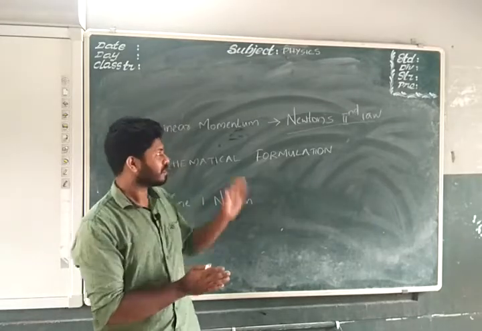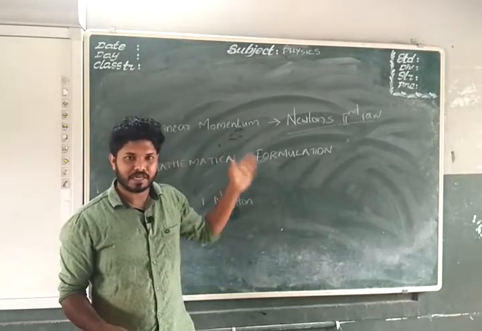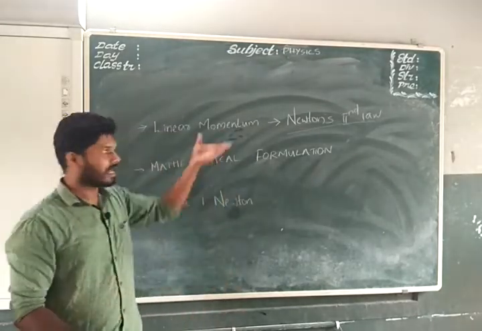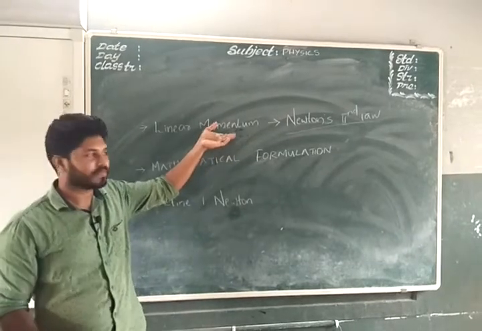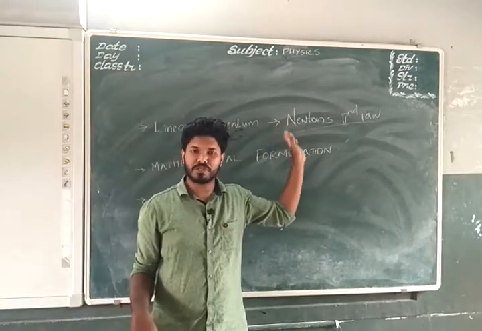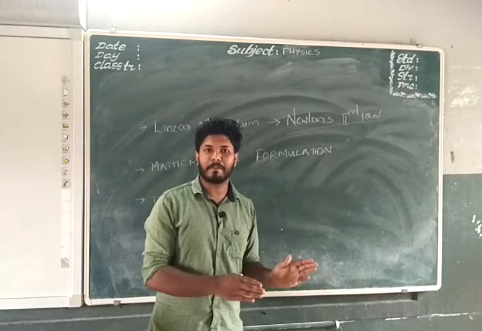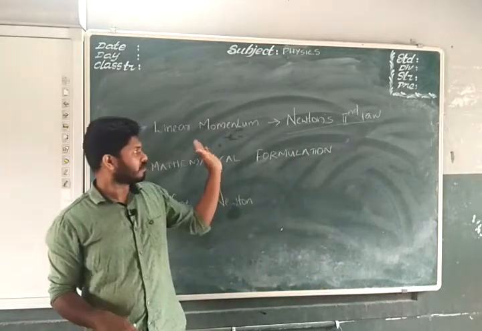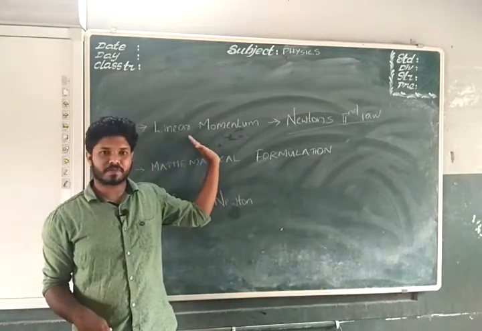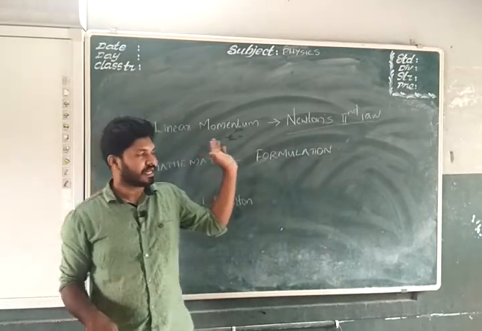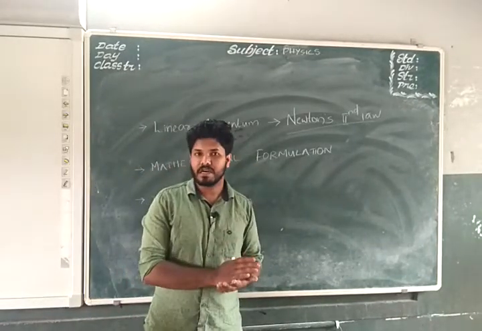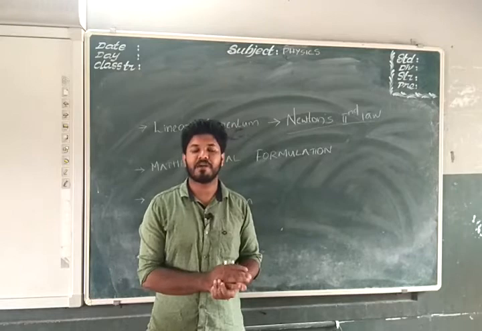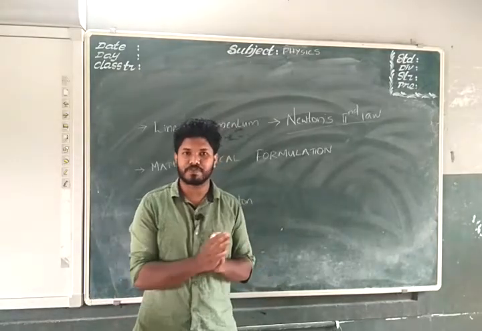So after the explanation of linear momentum, Newton formed a law based on some explanations from the linear momentum. That is, to make a change in the linear momentum, we have to give an external force.